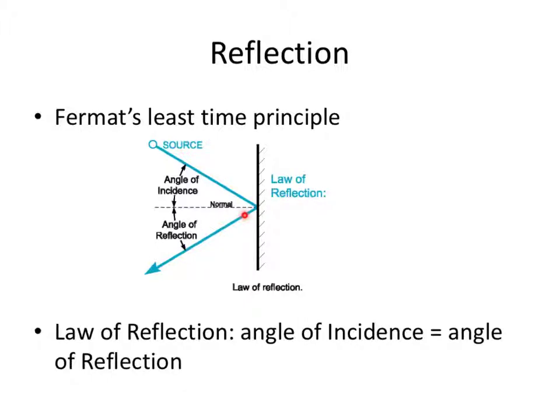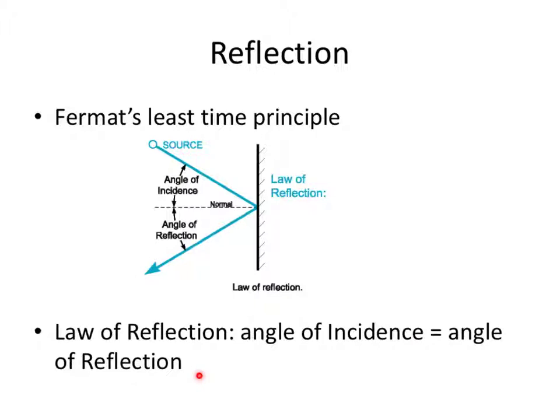Now you can actually prove that mathematically with a little bit of geometry, but after you do, it all boils down to what's known as the law of reflection. And that is that the angle of incidence equals the angle of reflection.